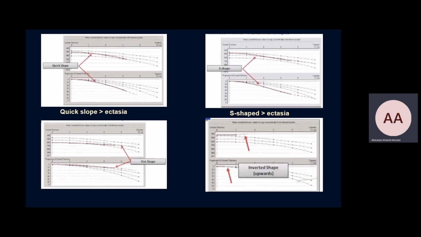Exactly, with quick increase in the thickness, indicating ectasia. Remember, it's from the center. So all of our corneas get thicker from the center to the periphery. If it is quicker than usual, this is the quick slope. This is what Dr. Nada mentioned.